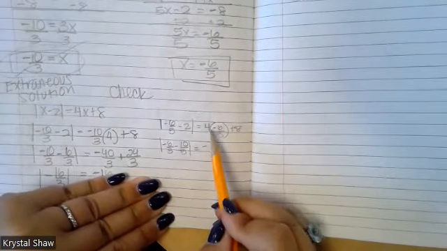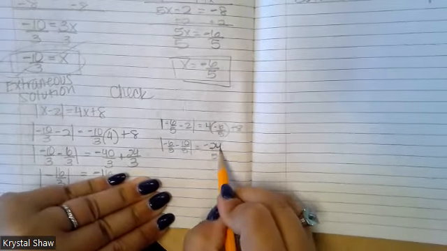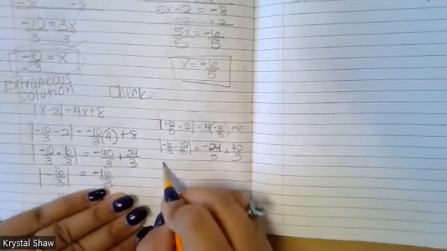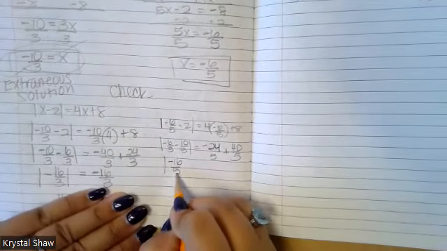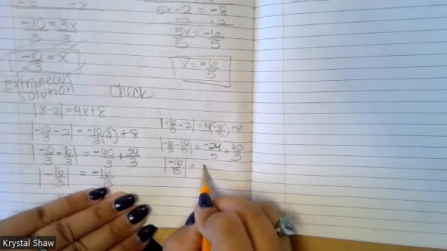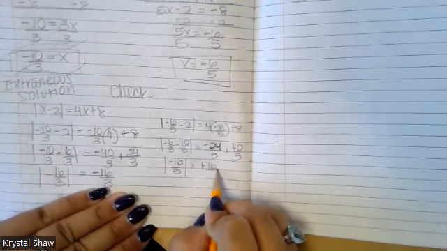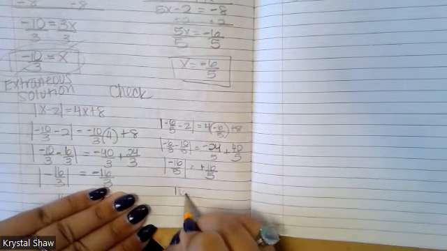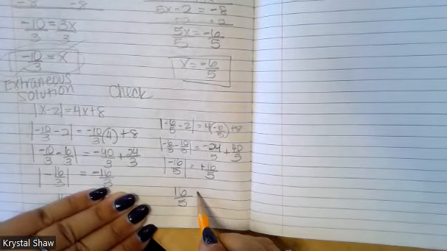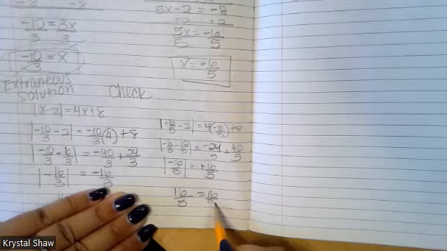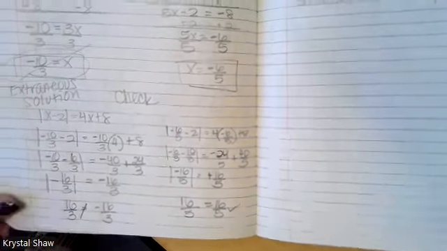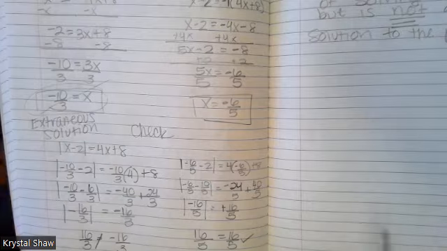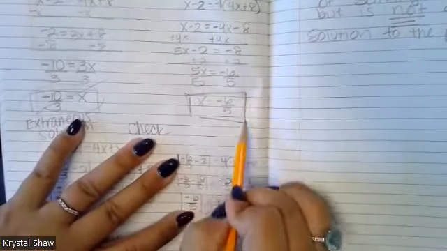Got excited. 4 times negative 6 is negative 24/5 plus 40/5. This is now the absolute value of negative 16/5 equals positive 16/5. So absolute value, distance from 0, must be a positive. 16/5 is equal to 16/5. That is true. So my absolute value equation went from having two solutions to only one solution.